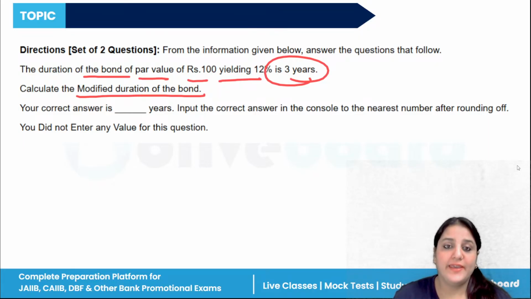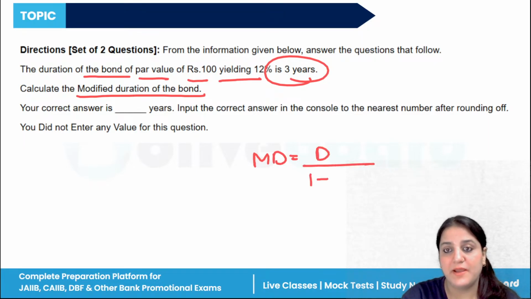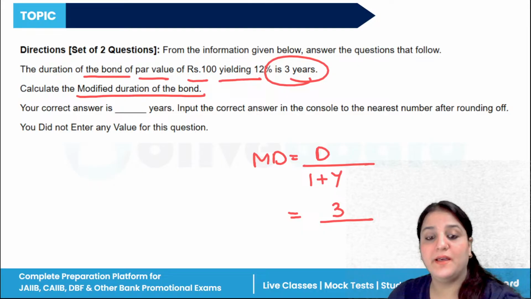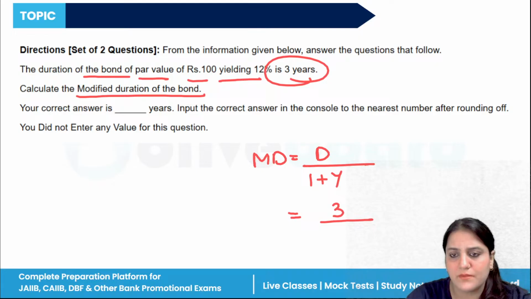So here I can say modified duration is equals to duration divided by 1 plus y. So that is 3 divided by 1 plus yield is given, that is here 12%, so I can write it as 0.12.